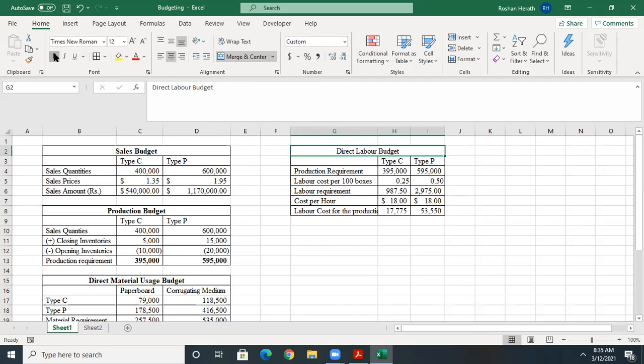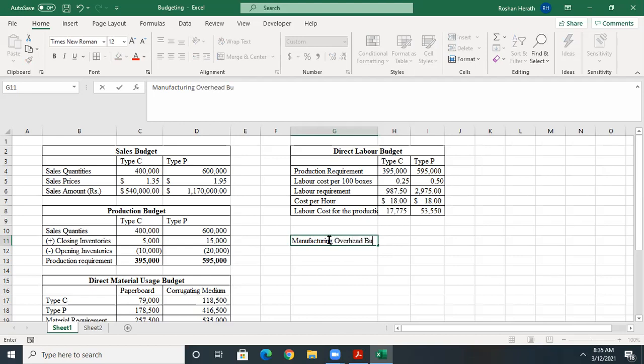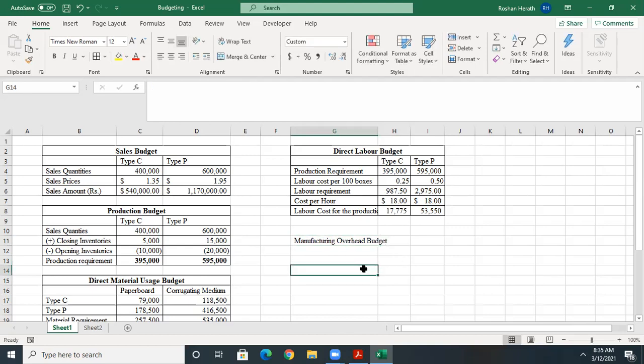You can now move on to the manufacturing overhead budget. When you come to manufacturing overhead budget, basically you need to figure out two things. One is the predetermined overhead absorption rate. The other one is the allocation base.